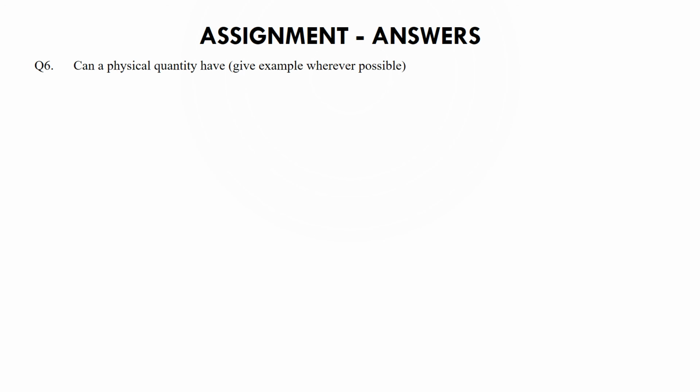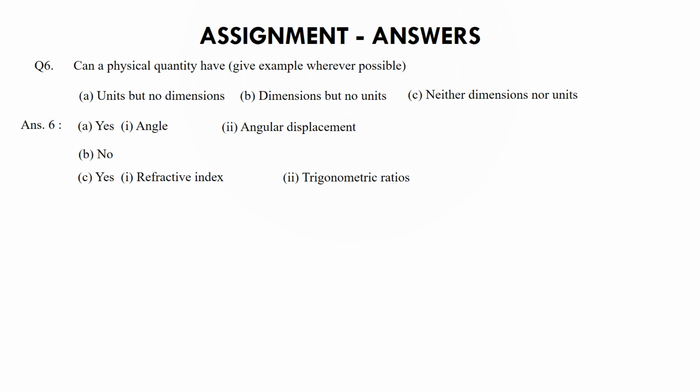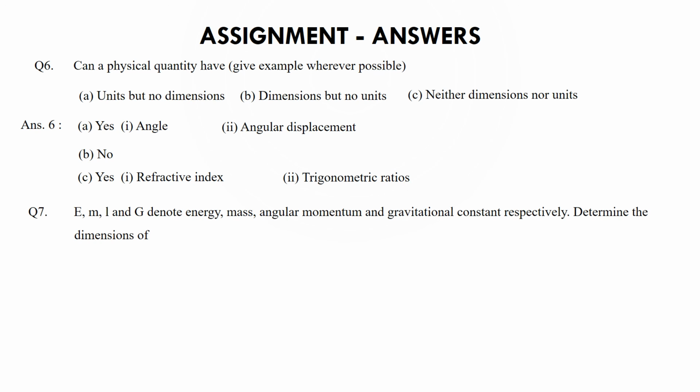Sixth question: can a physical quantity have units but no dimension? Yes, angle has units but no dimension, angular displacement also. Second, dimensions but no unit: no, it's not possible. Neither dimension nor units: yes, refractive index, trigonometric ratios. They don't have dimension, they don't have units.